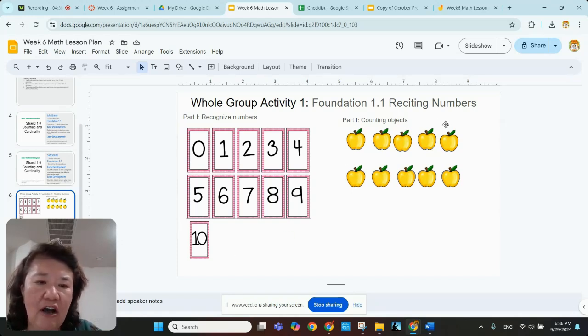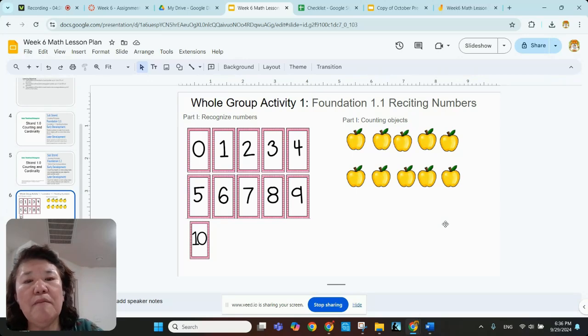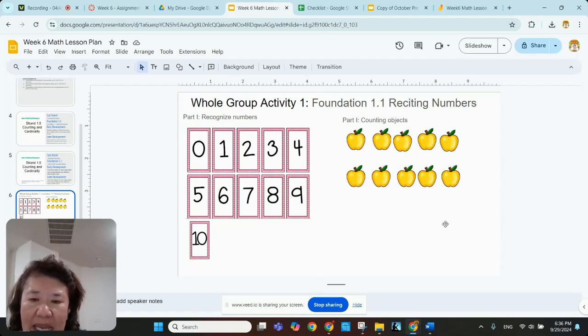When counting objects, I will let them count the apples up to 10 without missing numbers. Based upon my assessment, my students frequently miss numbers 6 and 8. I don't know the exact reason why. So I want to encourage my students to count apples from 1 to 10 without missing any numbers and without any repetition.